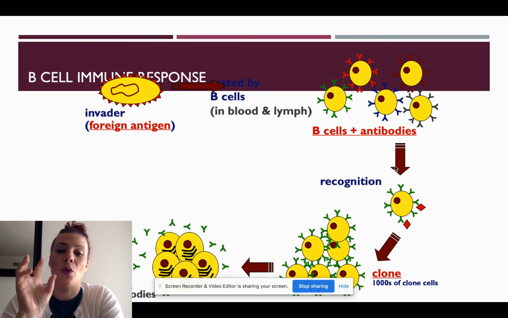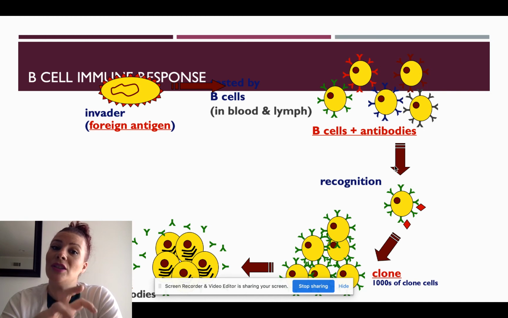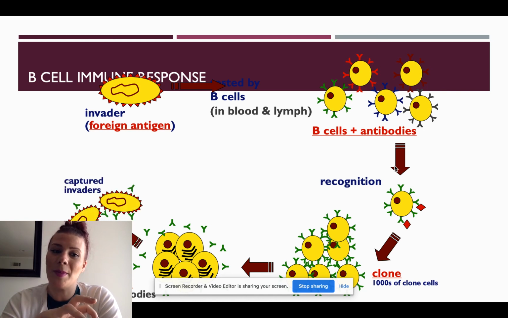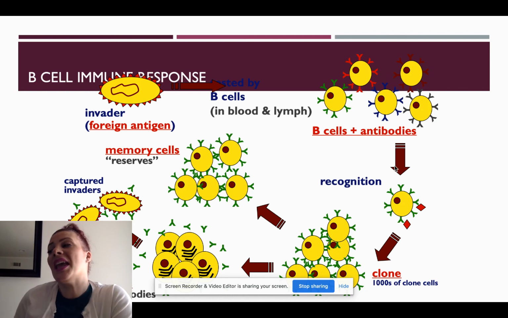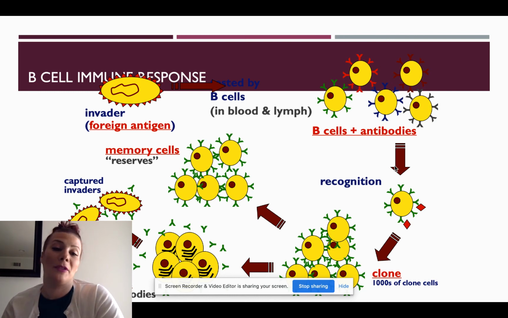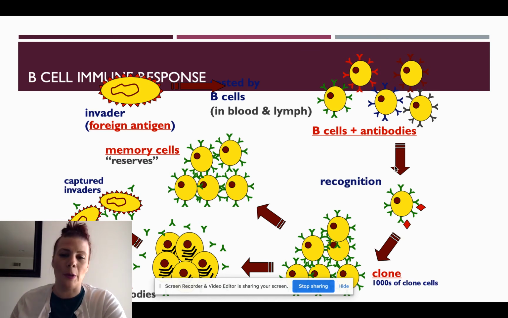Then we'll have a bunch of those clones release those antibodies and capture those invaders. We'll also have some of those antibodies just hanging out on the side for our memory cells, to have in reserve just in case we don't get this guy the first time. That's how the B cell response works.